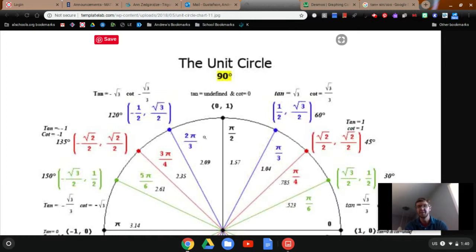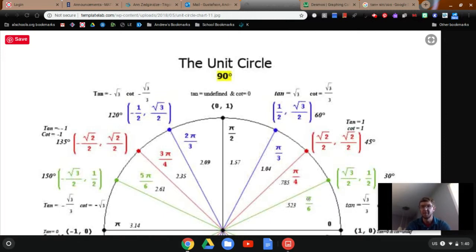So if they had asked, and I know this doesn't quite answer your question, but I'll get there, what quadrant is the cotangent of 2 pi over 3, well, 2 pi over 3 is right here, and it's in the second quadrant. Now, this unit circle and most unit circles that you'll see are broken up into sixths and fourths.